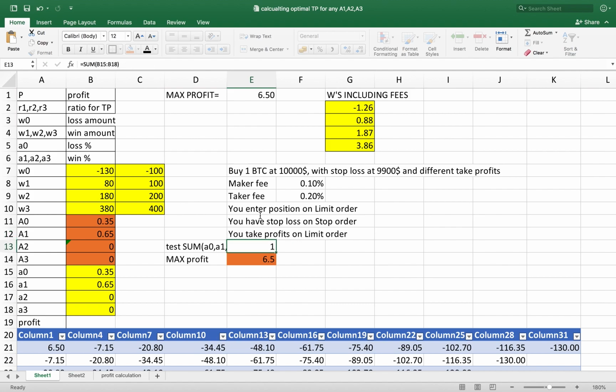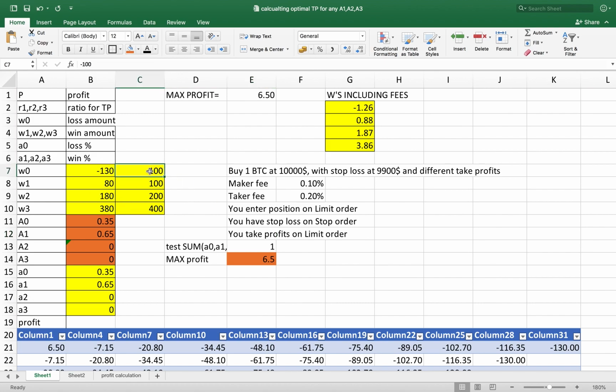So obviously you're going to be charged 0.1 for entering. When you hit your stop, you're going to be charged 0.2, and again for taking profits you're going to be charged 0.1.